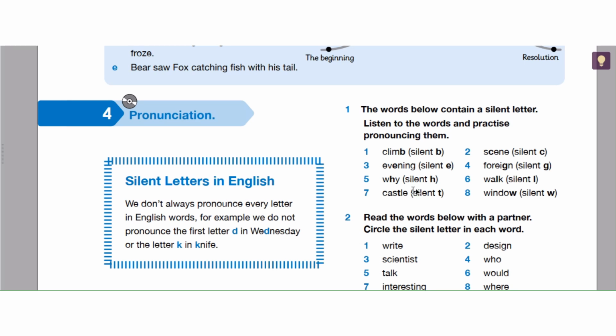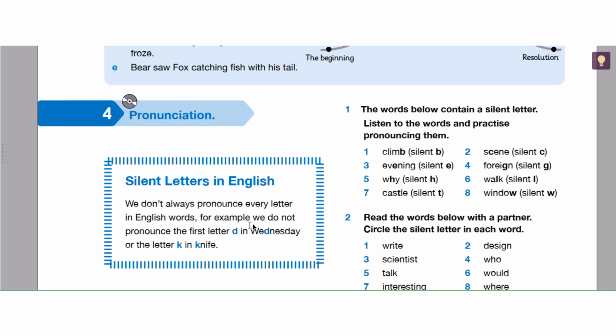We move to pronunciation. The words below contain a silent letter. Listen to the words and practice pronouncing them. Silent letters in English. We don't always pronounce every letter in English words.